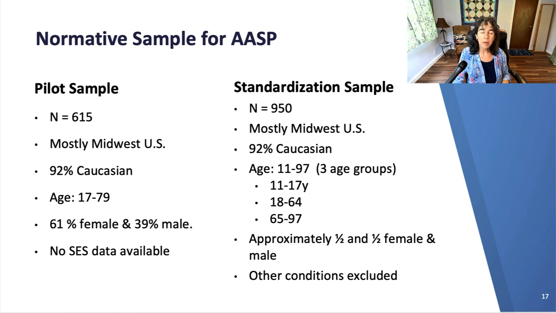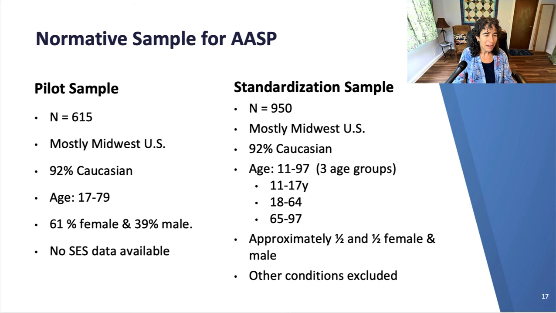So if somebody, for example, had ADHD or was on the autism spectrum, they said, you know what, we want a sample of typically responding individuals. So sorry, we're not going to include your scores. Actually, they didn't say that to them, but that's the gist, right? Those people were excluded probably based on a demographic questionnaire. There's an article about the sensory processing measure and the patterns of sensory processing from AJOT that is in the presenter notes. So check that out if you're interested.